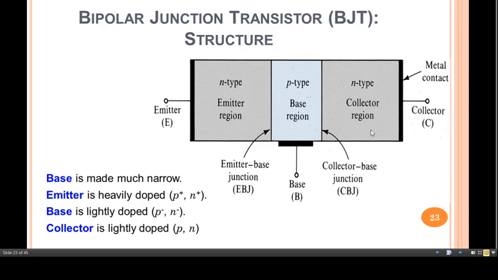Similarly, doping for each region is different. The emitter region is heavily doped, the base region is lightly doped and the collector region is moderately doped. Based on this we get the device called BJT. Here this BJT is of NPN type.